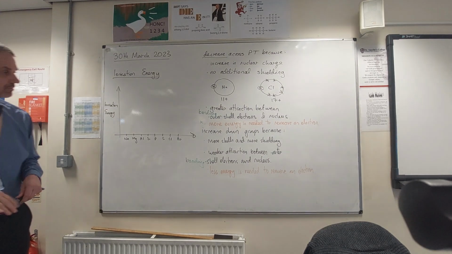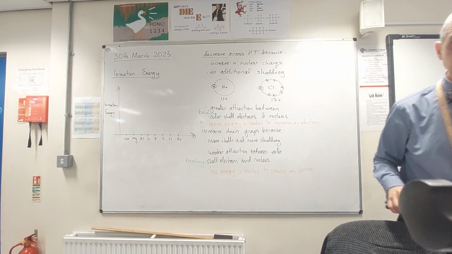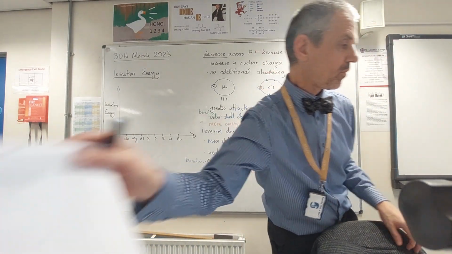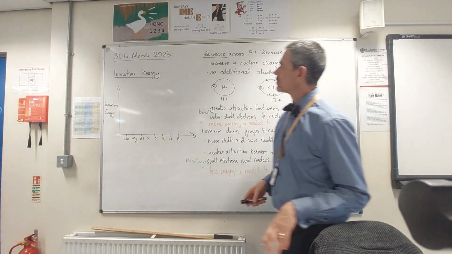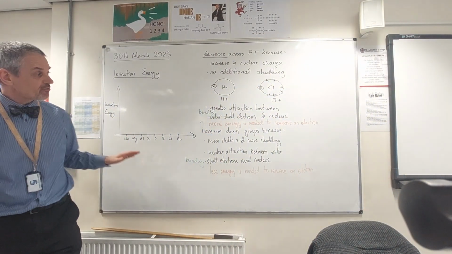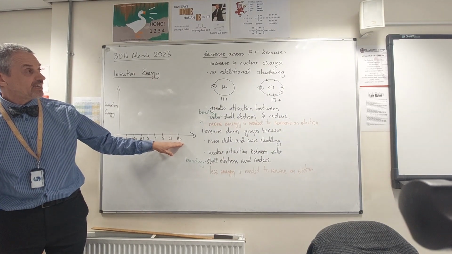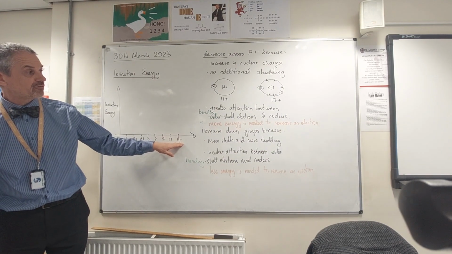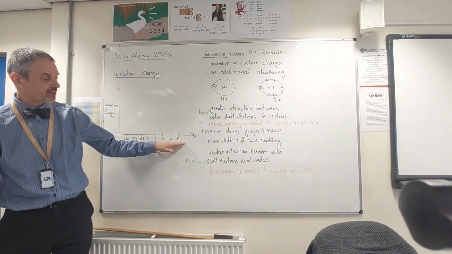Okay, so let's just stay with ionization energy for the moment. So we've just said the general trend going across the periodic table is for an increase. More energy is needed to remove an electron as we go across.